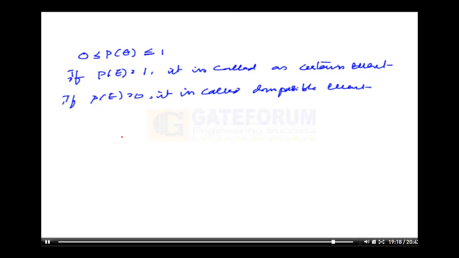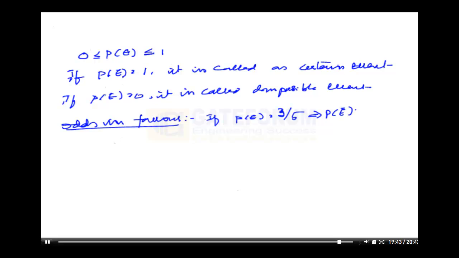Now we can see another definition, odds in favor. Let us say P(E) equals 3 by 5. This implies P(E dash) equals 2 by 5. Hence odds in favor of an event E is defined as P(E) is to P(E dash), that is 3 is to 2.